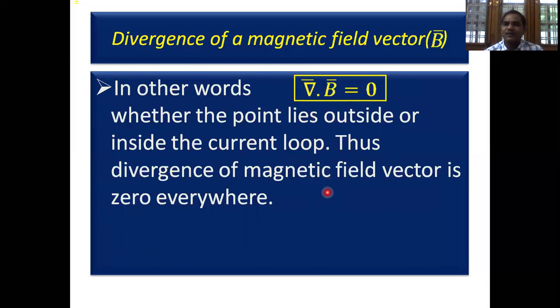Del bar dot B bar equals 0. Del bar cross B bar equals 0 at a point inside the loop, but outside the current loop, del bar cross B bar is not equal to 0. That should be equal to mu naught into J in the case of steady currents. But del bar dot B bar equals 0 and del bar cross B bar equals 0 for a point inside the current loop.